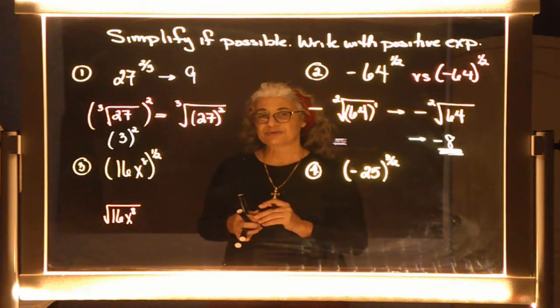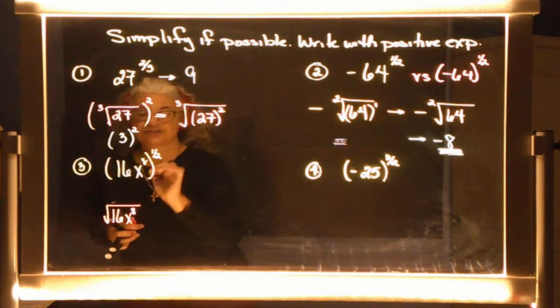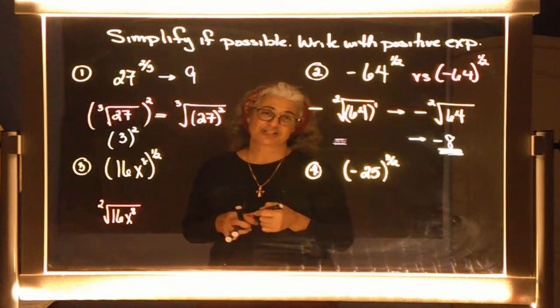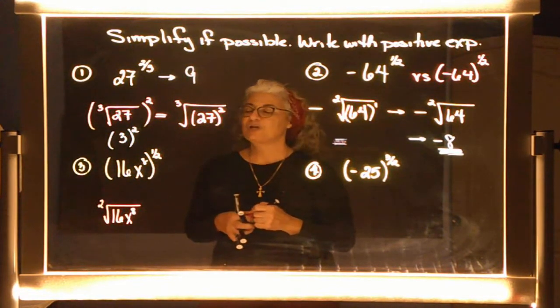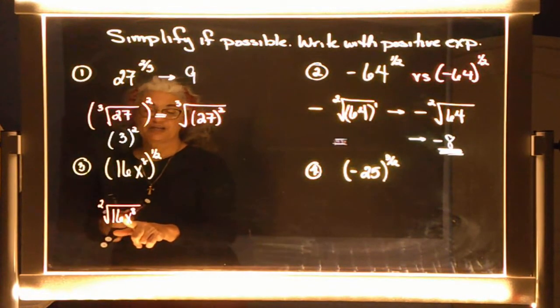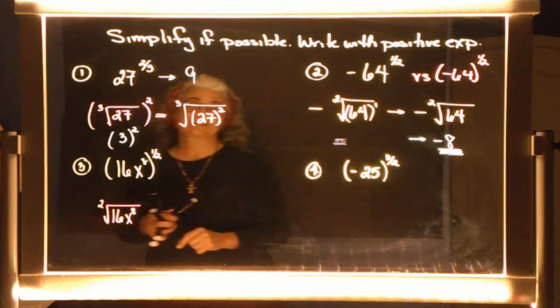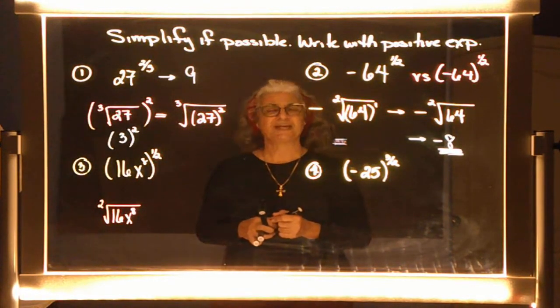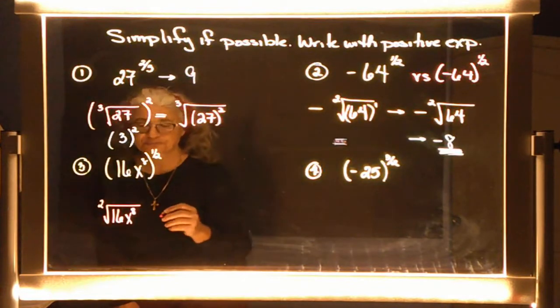And what's the root? Yes, the root is a 2. And my power is still a 1. Well, that's not going to change anything, is it? Okay, so remember in a previous lecture, since this is multiplication between the 16 and the x to the 8th, do I have to keep them together or can I look at them separate? Yeah, you can look at them separate, right?